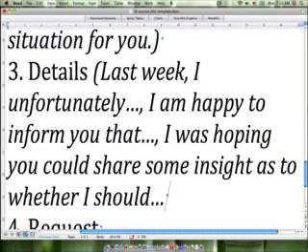So you might start with, I was hoping you could share some insight as to whether I should move to London or not, or whether I should pursue a career in biology or whatever. Okay, so a few ways to start the details portion of your letter.